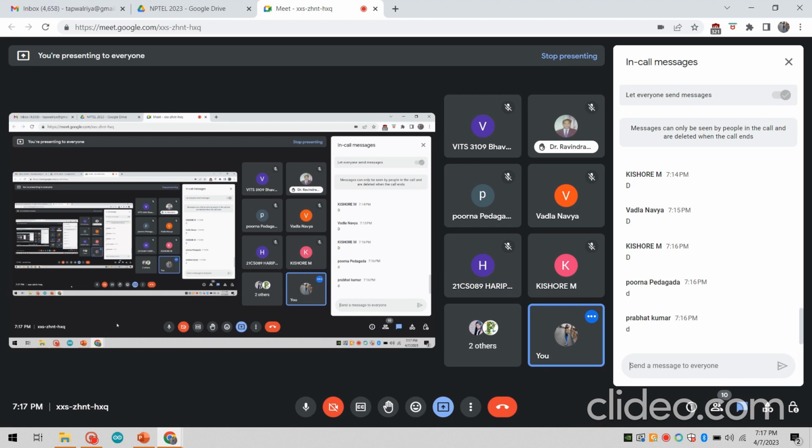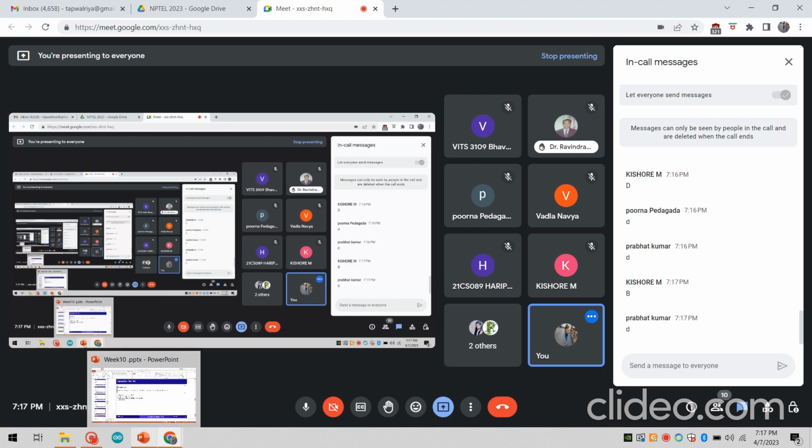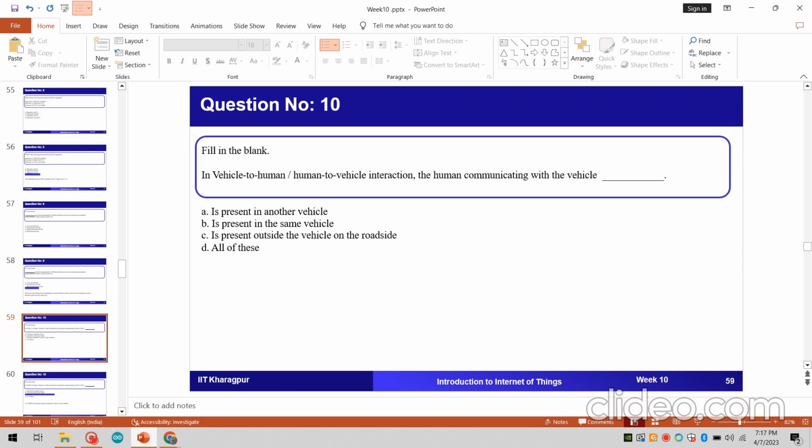D. D. Okay. Vehicle to human and human to vehicle. So in that case, the human should be in the same vehicle. First option is it should be in another vehicle, second is in the same vehicle, third is on the roadside, and fourth is all of these.